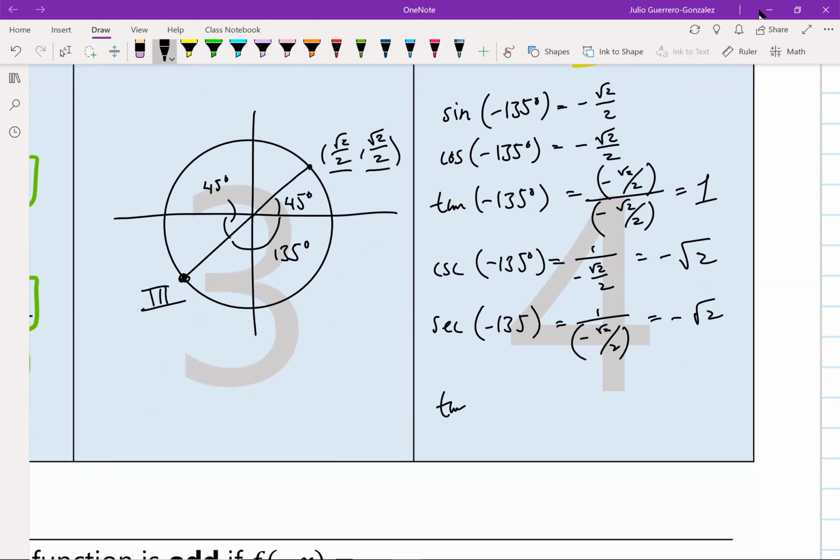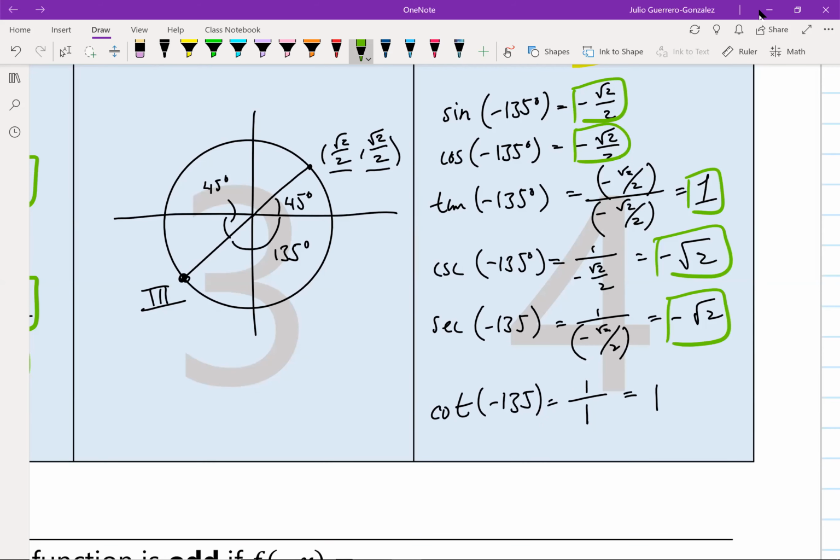And cotangent is 1 over tangent, which is 1 over 1, which is 1. We have all 6: 1, 2, 3, 4, 5, 6.